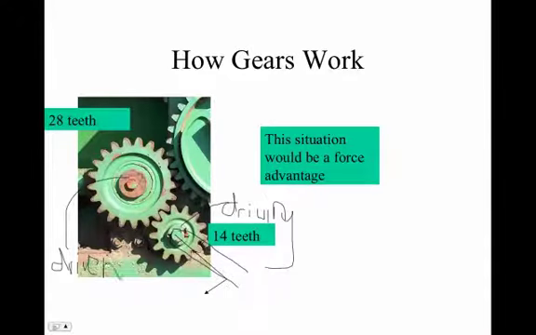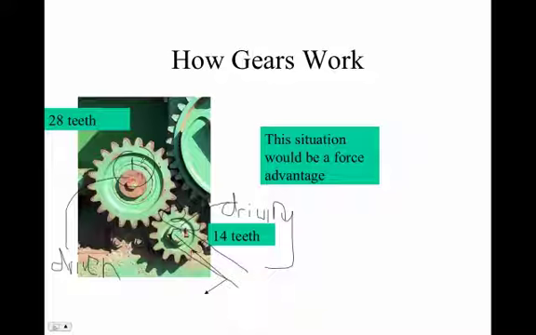Well, we know the following. If there are 14 teeth on the driving and 28 teeth on the driven, what's going to happen is the following. For every one turn this one makes, the little one that we're spinning has to go 2 times as much. So we're actually spinning this one twice for every one turn here.